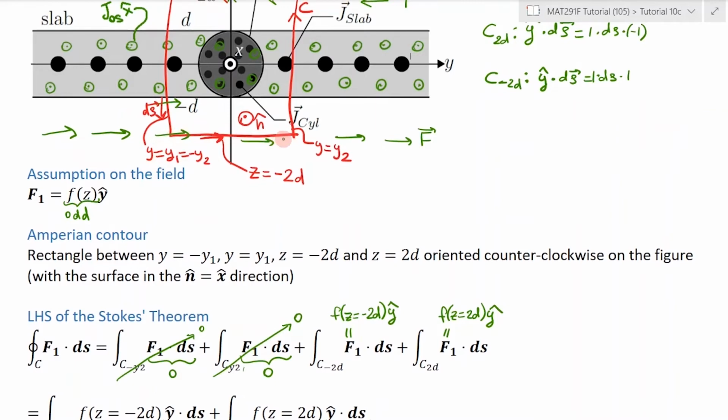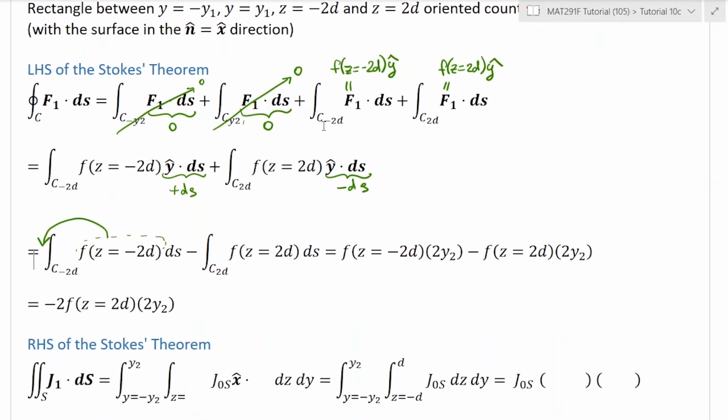If the z component wasn't a constant, I wouldn't be able to take it out of the integral. Then I do the same thing for this guy, and I'm left with a constant times an integral of differential length element over this bottom contour.